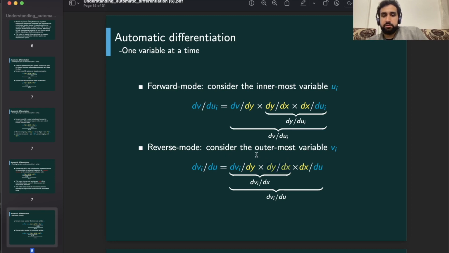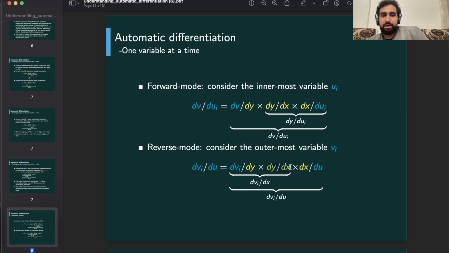This is just a row vector times a Jacobian. Then we get another row vector as the output, and then we multiply it by another Jacobian, and we get another row vector, etc. And so the fundamental operation here is a row vector multiplied by a Jacobian. At any one point, all we're really doing is multiplying a row vector by a Jacobian matrix, and that's a key point to keep in mind.